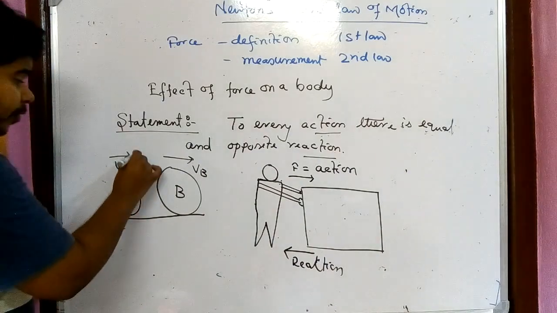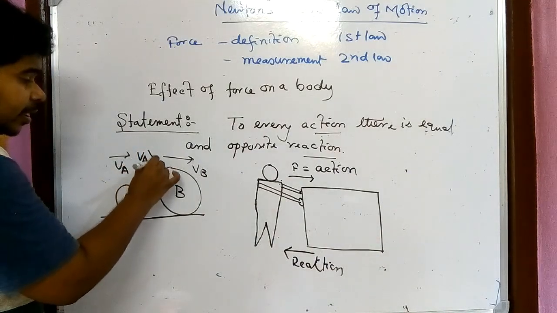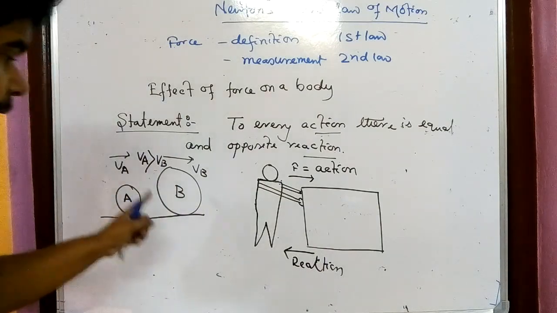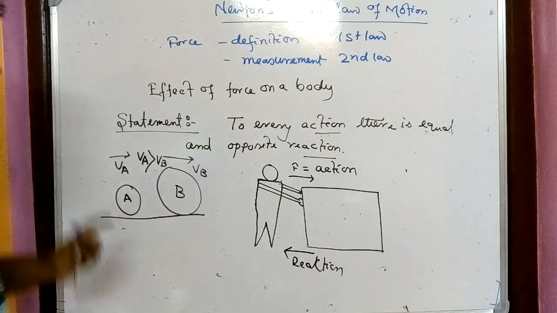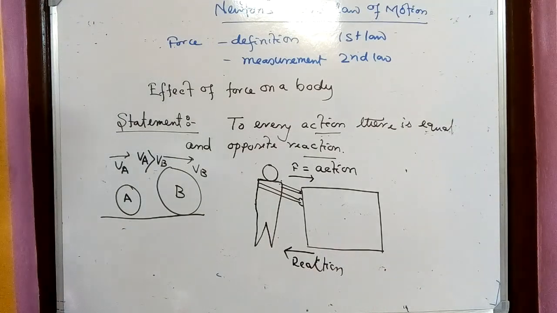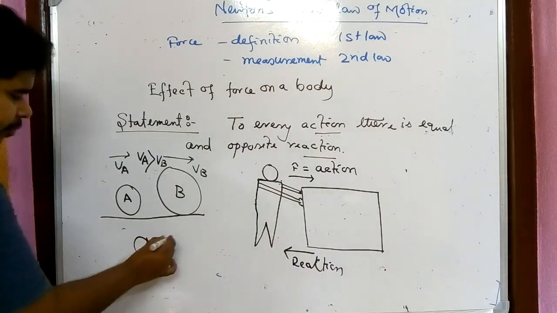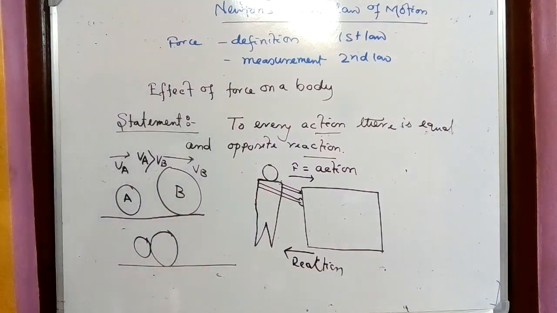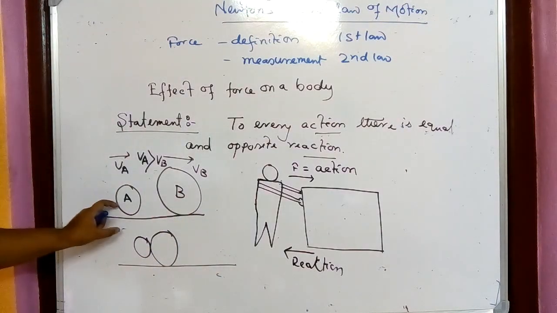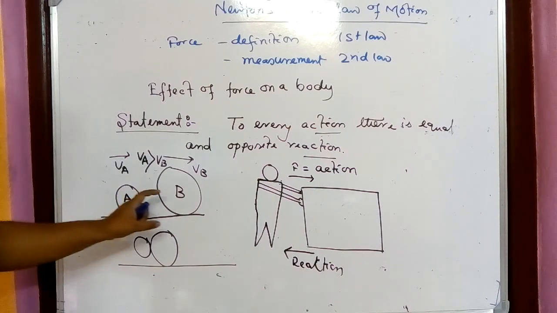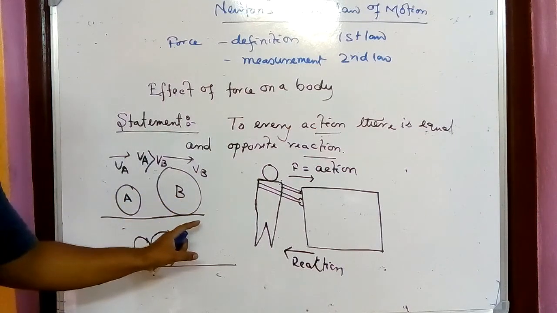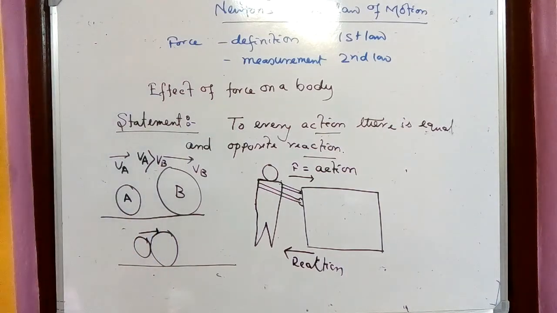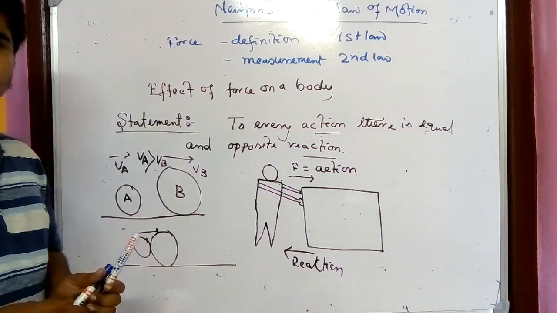If VA is greater than VB, that means the speed of ball A is greater than the speed of ball B, then what will happen? After some time there will be a collision. Collision means ball A will apply a force on B. As A is coming forward, this ball A will apply a force on B.